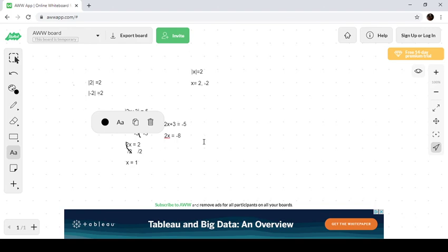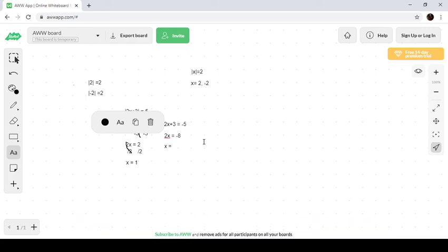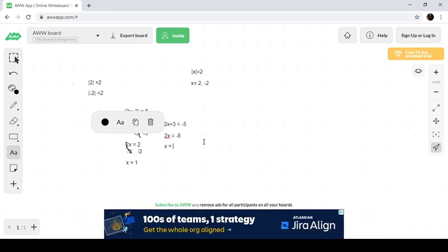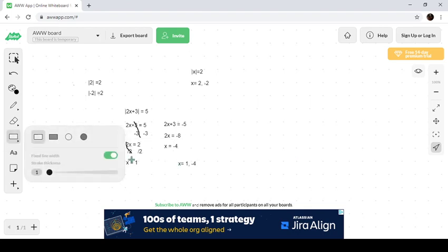So divide by 2 on the 2x side, we just get x. Divide by 2 on the negative 8 side, negative 8 divided by 2 is negative 4. So we actually end up getting 2 answers. x could be 1, or it could be negative 4. And so there's our answer for this one.